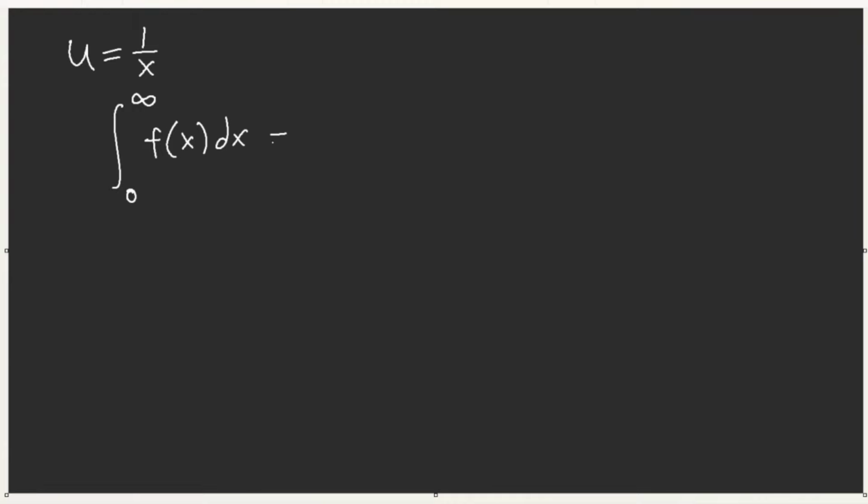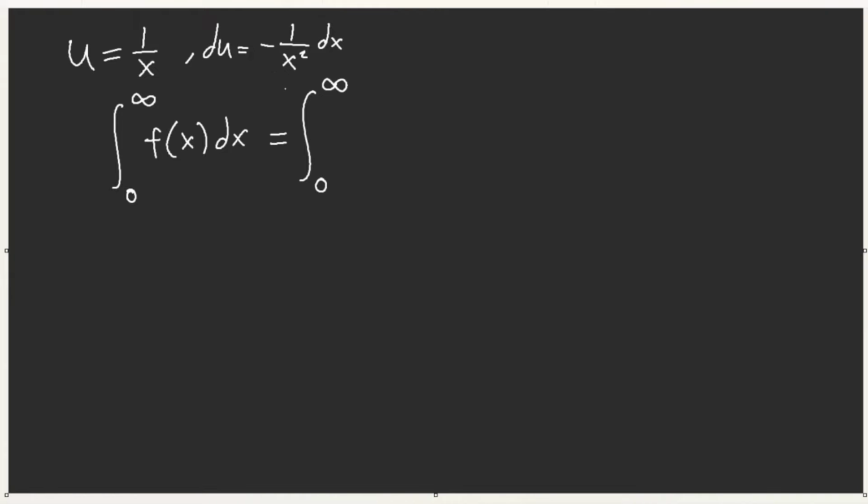With this u substitution, the bound remains the same, and the reason is because when you plug in 0, this is infinity. Well, this is technically the right hand side, so it becomes infinity, and then plugging in infinity here, you get 0, so you get infinity to 0, but then du is equal to negative 1 over x squared dx.